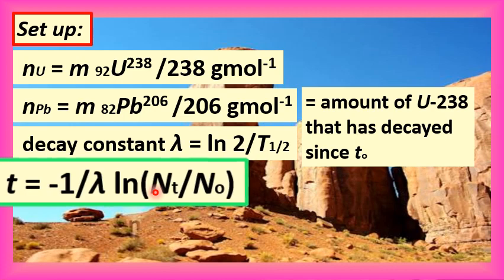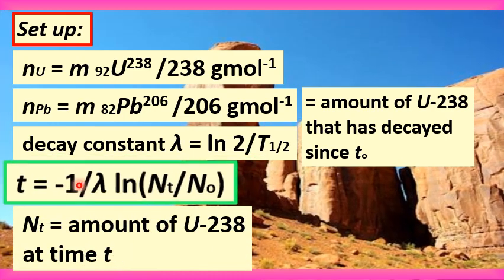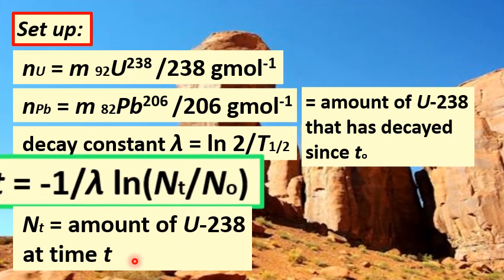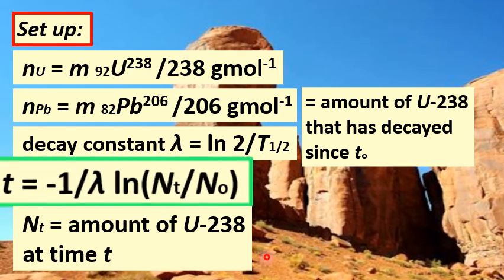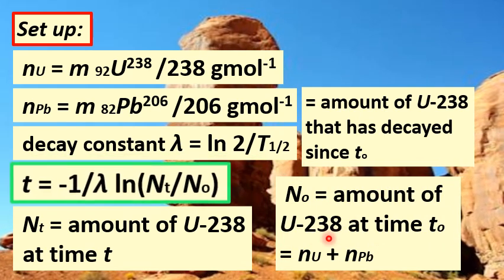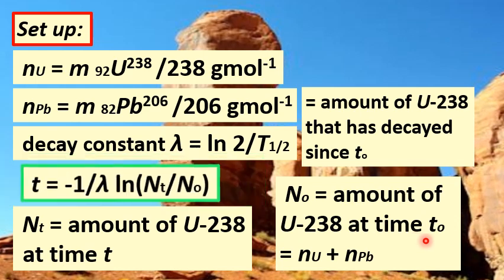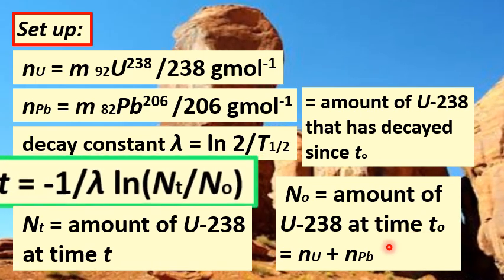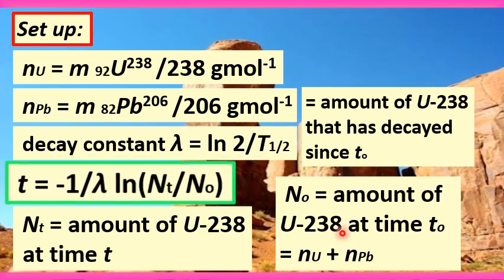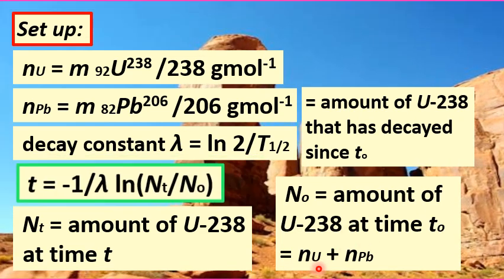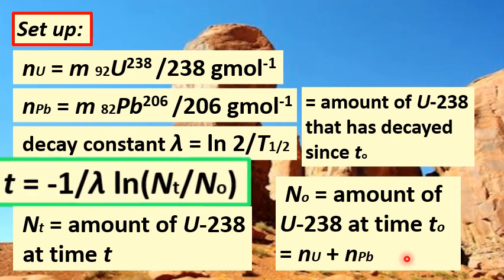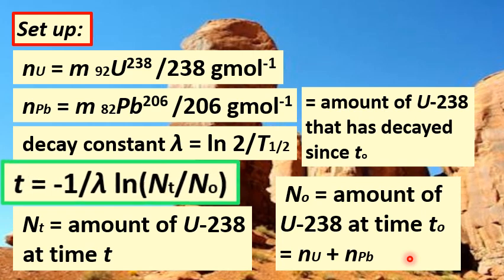In this equation, capital N sub t refers to the amount of uranium-238 at time t, while capital N naught refers to the amount of uranium-238 at time t naught. And this N naught is in fact just the sum of the number of moles of uranium-238 and the number of moles of lead-206.